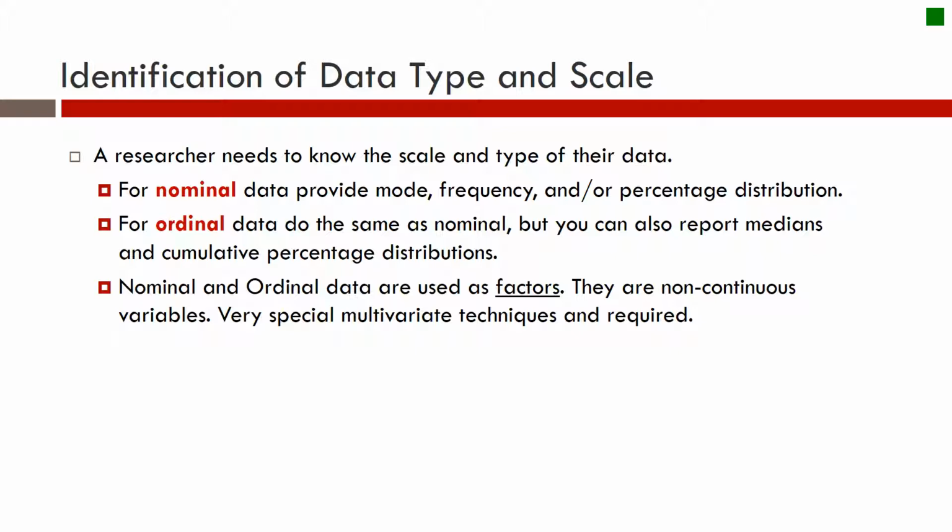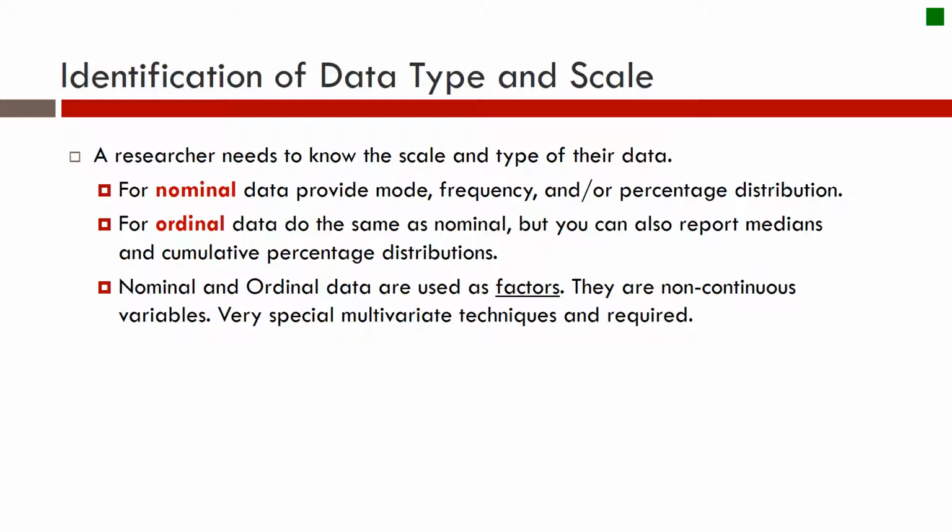They are non-continuous variables, so we just have to treat them a certain way. You can never take a numeric mean of nominal or ordinal data. You can't do a standard deviation, you can't do a variance. It doesn't make sense to do that. So just be aware of that.